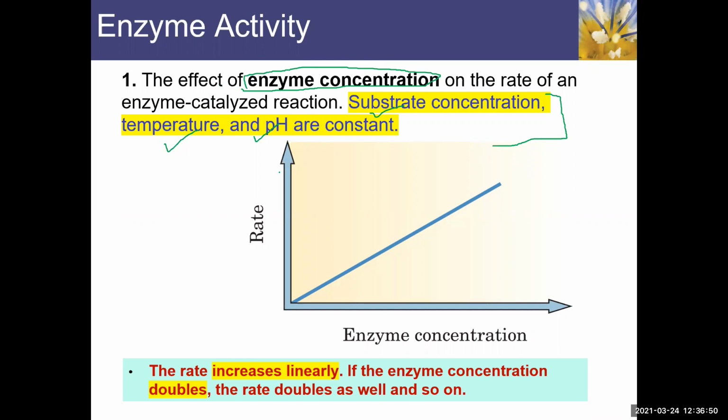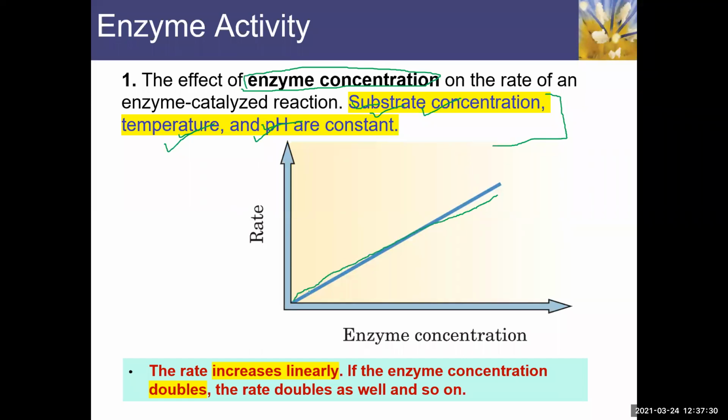So here we see how important the enzyme concentration is. What will happen if we double or triple the enzyme concentration? If we keep the substrate limited, the temperature normal, and the pH unchanged, and we just change the enzyme concentration, say first 2 millimolar, then 8, then 16, then 30, what's going to happen? When we plotted a graph, we saw that the velocity of the reaction increases linearly.